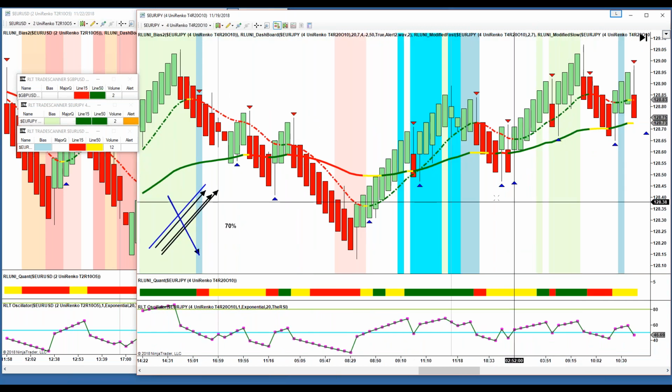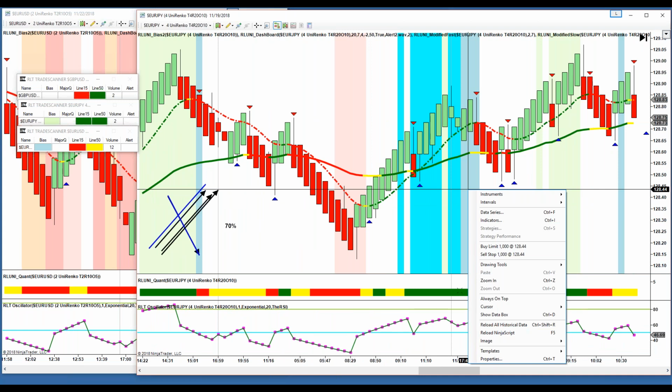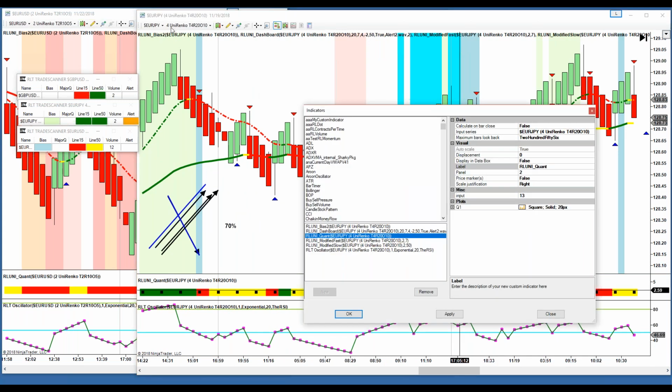Now, here's the configurability that we've never had before. Let's say that you want to trade a 6 unit Renko. That's a pretty slow chart. I've not seen a Forex market that I believe is good on a 6, unless you really, really want to swing trade.